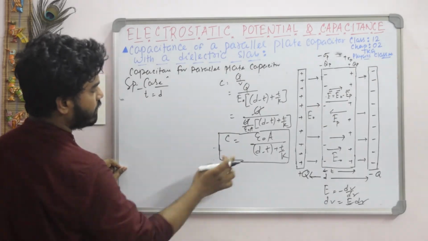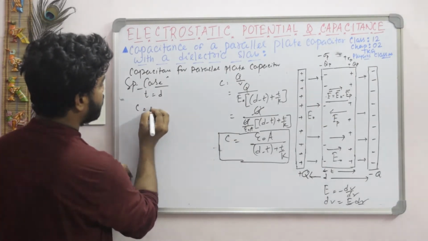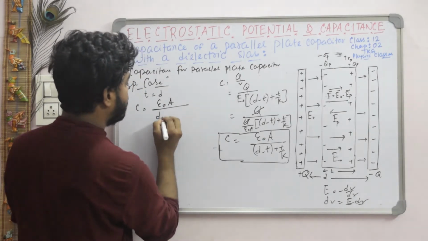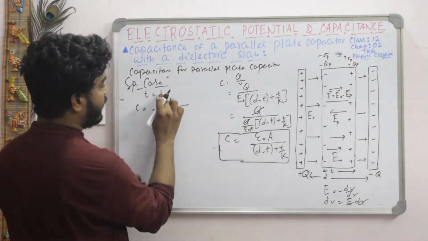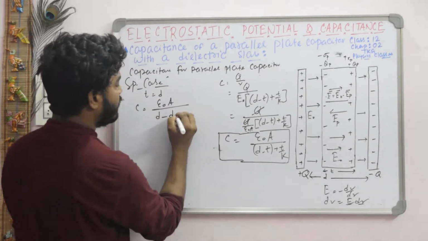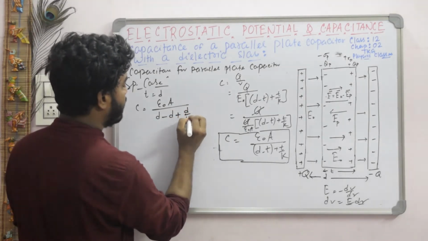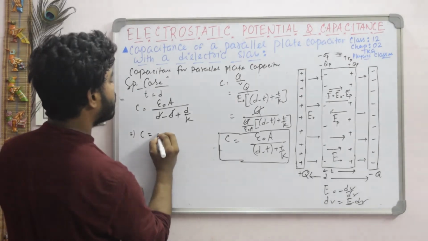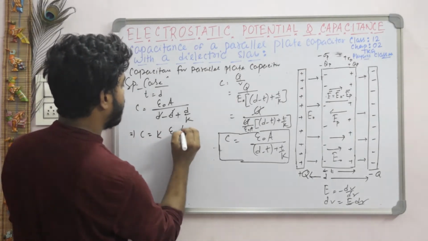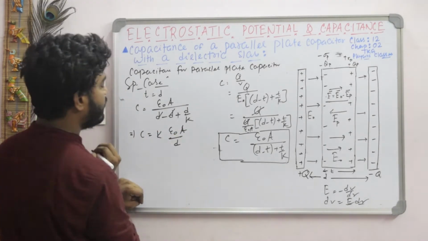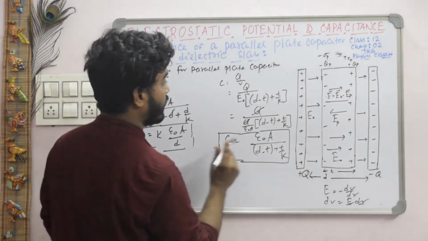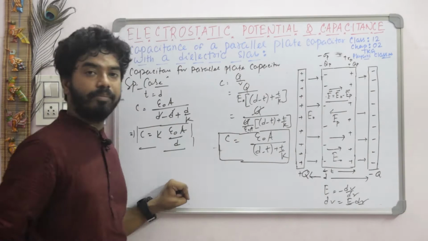So, what will happen? Just express it. C is equal to epsilon naught A divided by d minus, in the place of T you can write d, plus d by K. So, d cancels out, that is C is equal to K epsilon naught A divided by d. This will be the expression when the slab thickness becomes d.